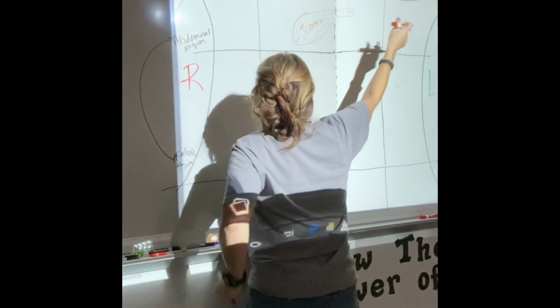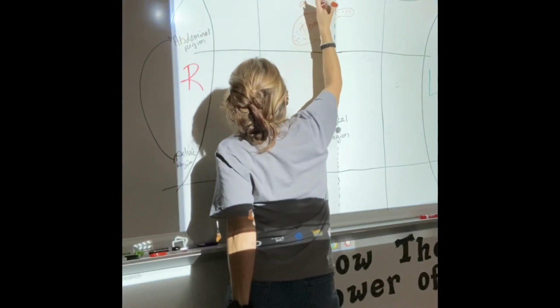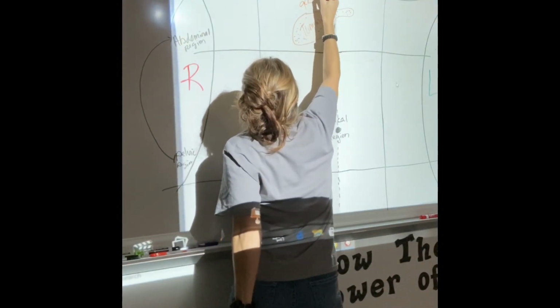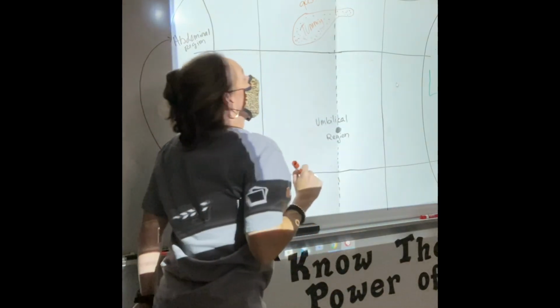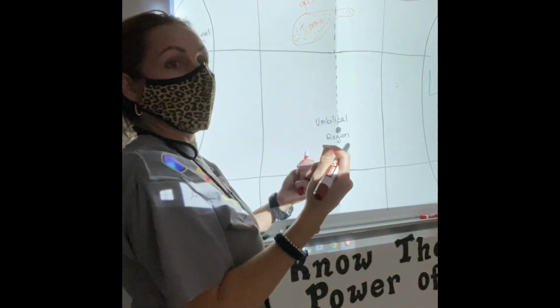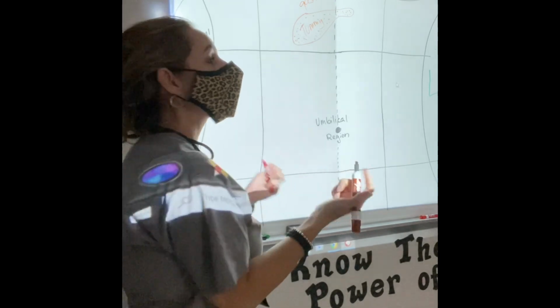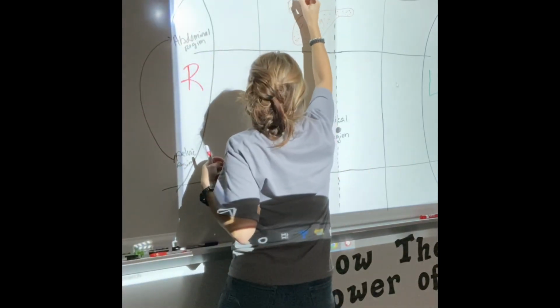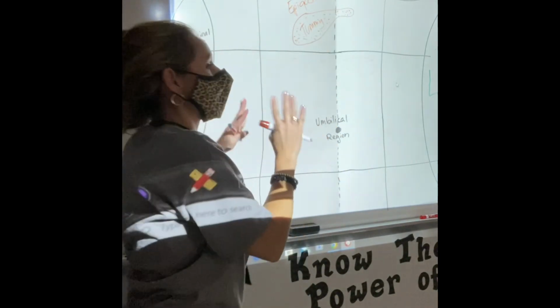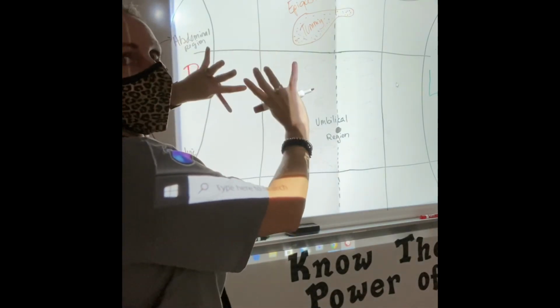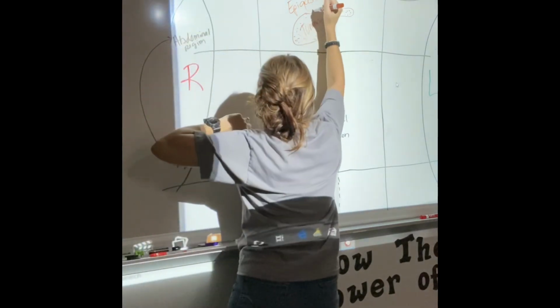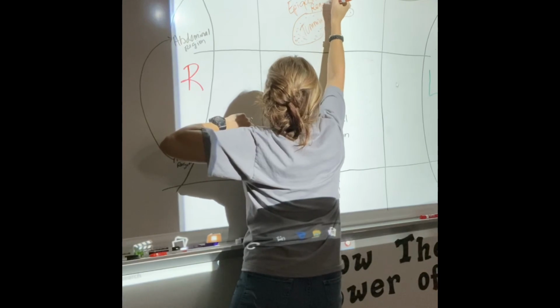So this region is called the gastric, and has a prefix that was on your student note packet, epi. This is the epigastric region. Epigastric region.